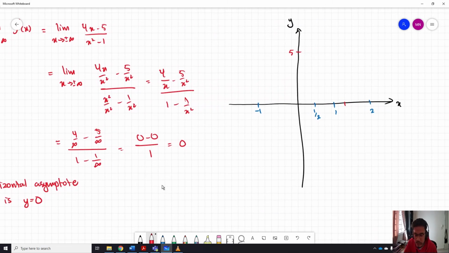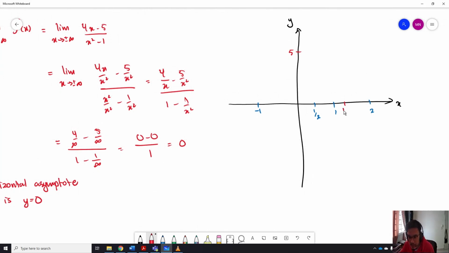So first we draw our line of vertical asymptote.